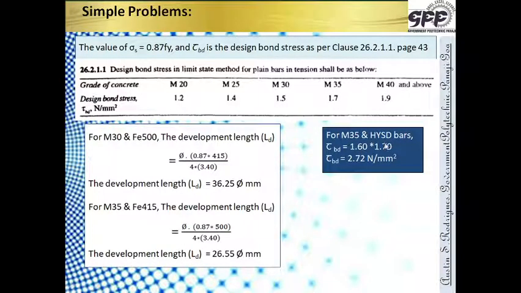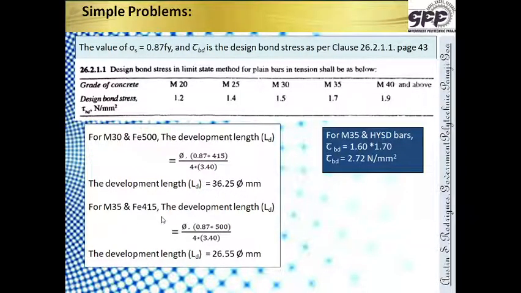So 1.7 is multiplied by 1.6 and 1.25, and the answer is 3.40, which has been taken here. So it is 1.60 into 1.25 into 1.7. The answer is 3.40.